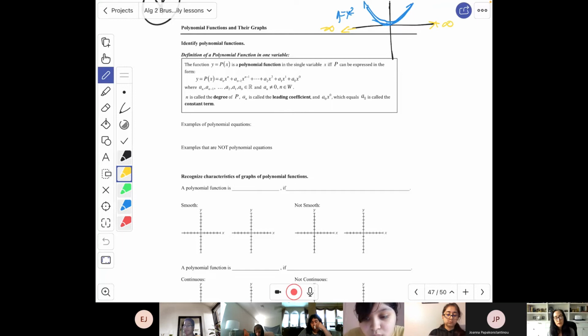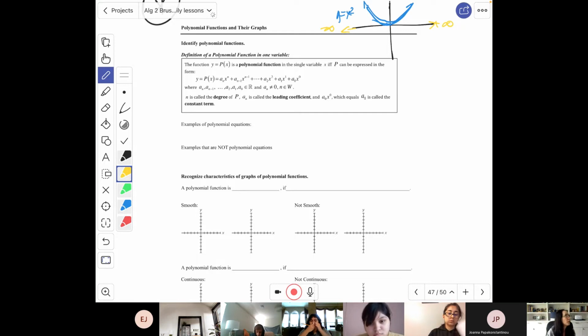So that's going to be very important in pre-cal. So I want to review a little bit with polynomials and end behavior, the tails, because I think that will help you a lot in pre-cal.